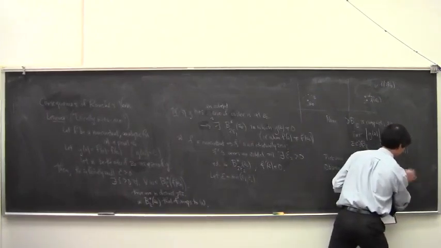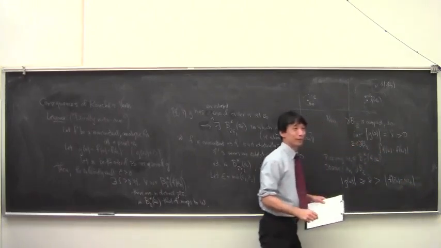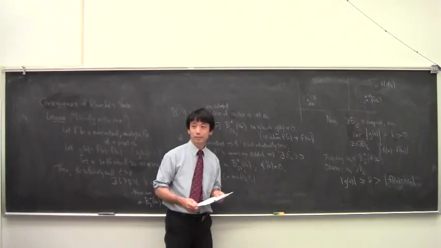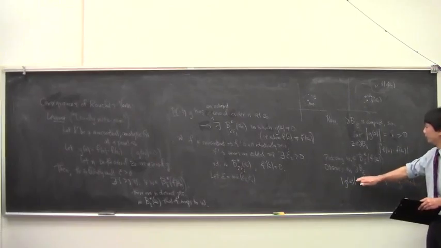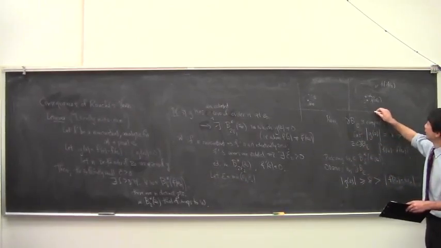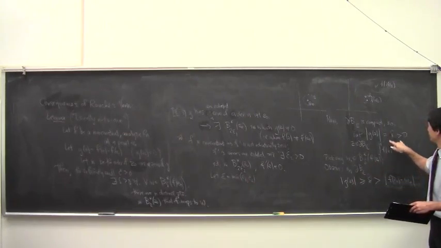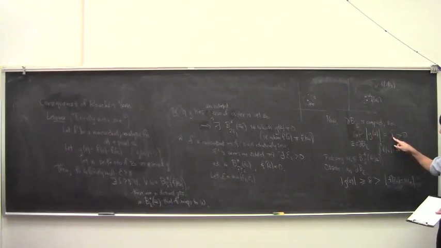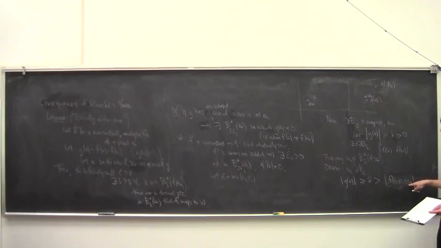Let me write it down: f of z naught to w naught. G of z is bigger than delta by construction of delta, and delta is this radius here, so if w naught is inside there, then the distance is less than delta.